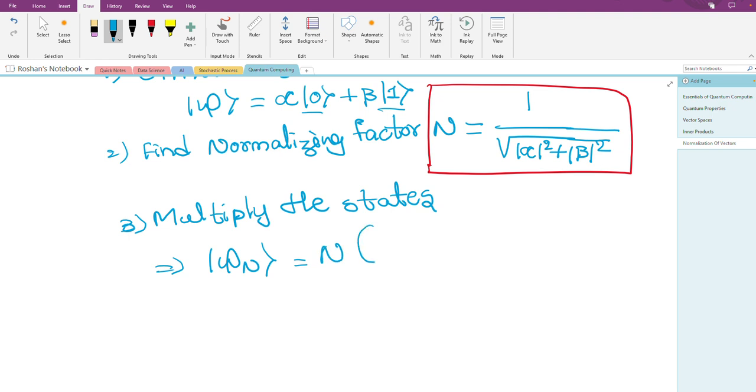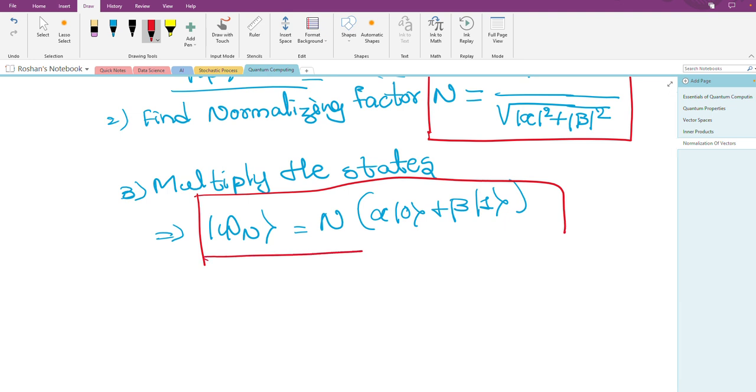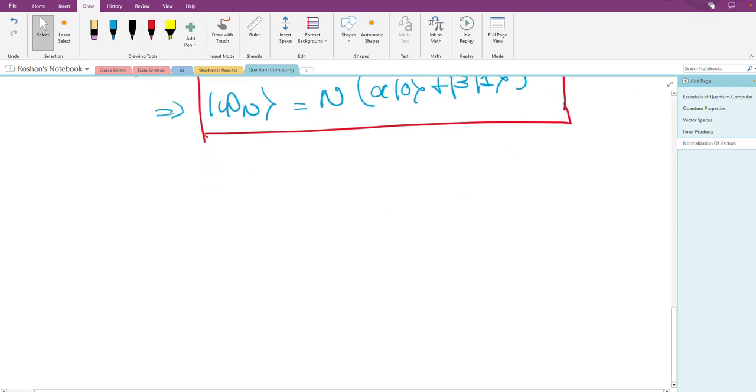So n into the quantum state, alpha ground state plus beta excited state. So this is our final normalized quantum state. If you solve this, you will get a new quantum state that is called a normalized quantum state.